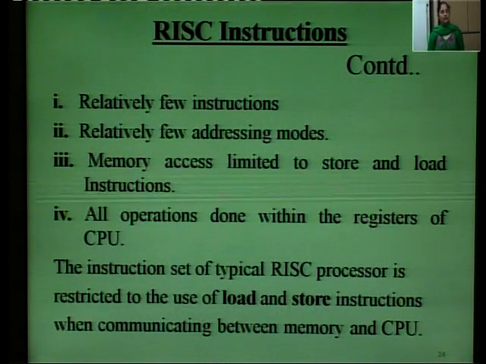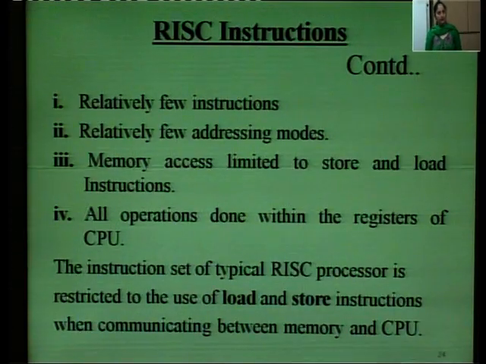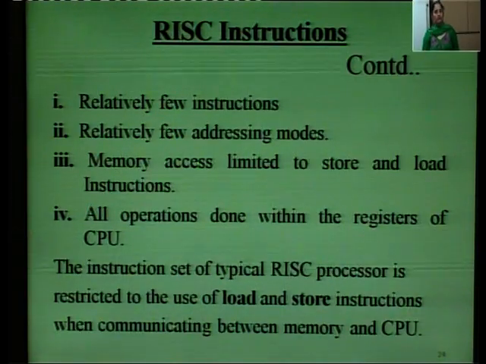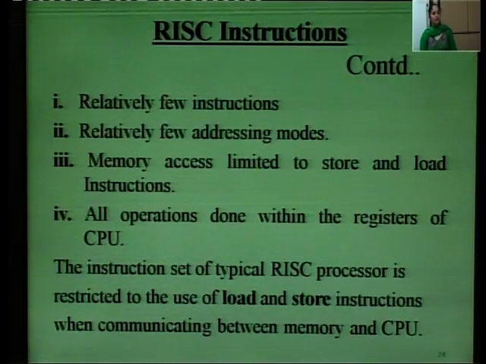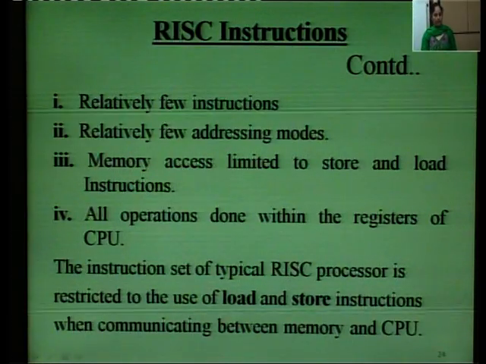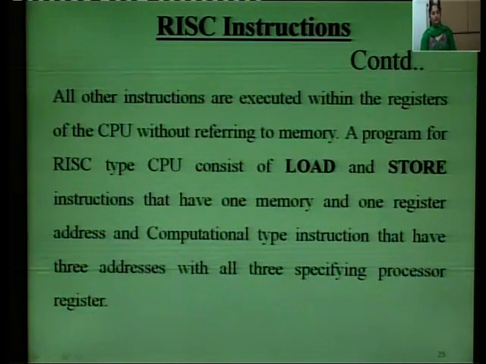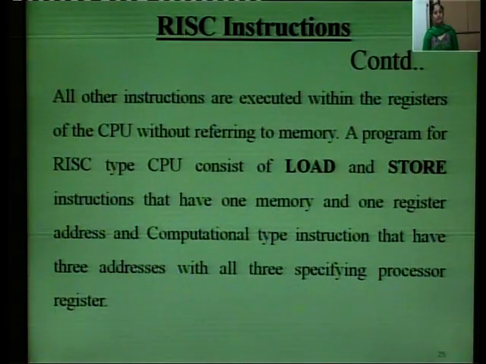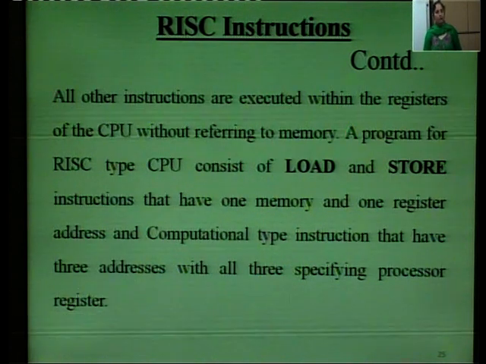RISC instructions have a few instructions, a few addressing modes, and limited memory access for the store and load instructions. It is mainly restricted to the load and store instructions when we communicate between the memory and the CPU. All other instructions are executed within the registers of the CPU without referring to memory.